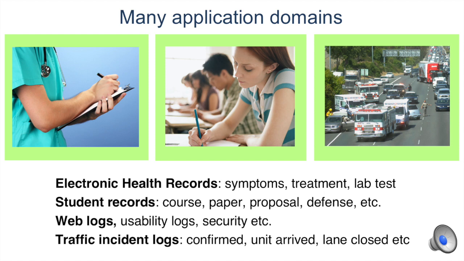You have student records. You have the course of a PhD student, or rather a set of PhD students, following the classes they take, when they submit their proposals for their theses or dissertations, when they do their defense, and so on. And web logs.